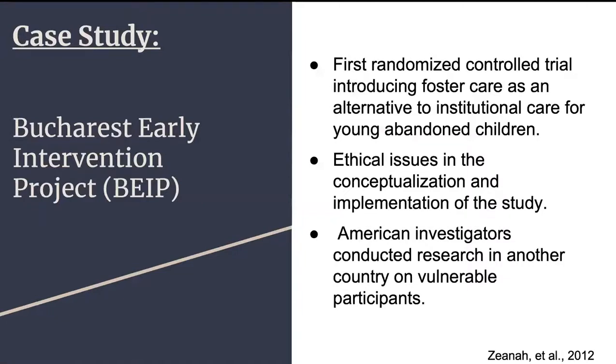So we did a case study on the Bucharest Early Intervention Project. It was actually the first ever randomized controlled trial of foster care as an alternative to institutional care for young abandoned children. The ethical issues in the conceptualization and implementation of the study included American investigators conducting research in another country on extremely vulnerable participants.